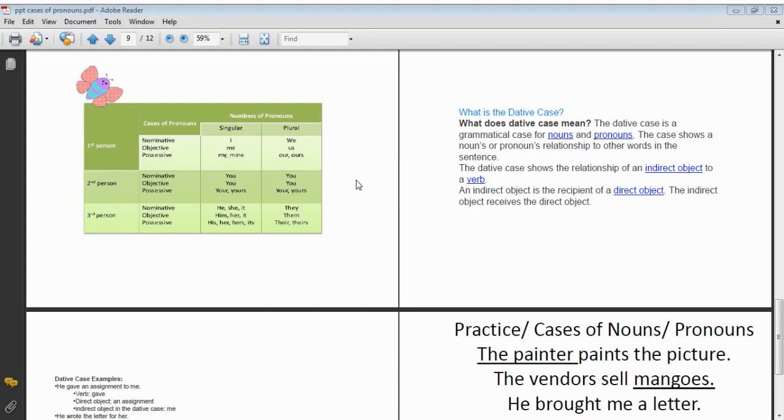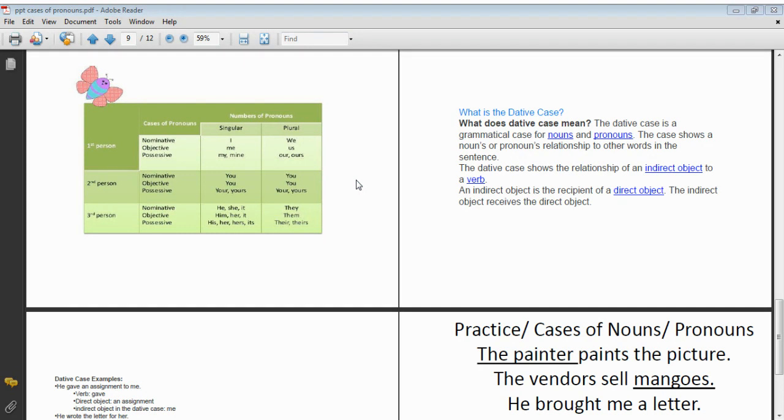So first of all, I select the first person pronoun. As you can see on the screen, the nominative case of the first person pronoun in the singular is I, and plural is we. The first person objective pronoun in the singular is me and plural is us.